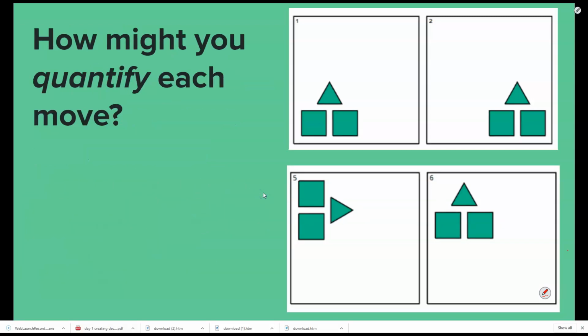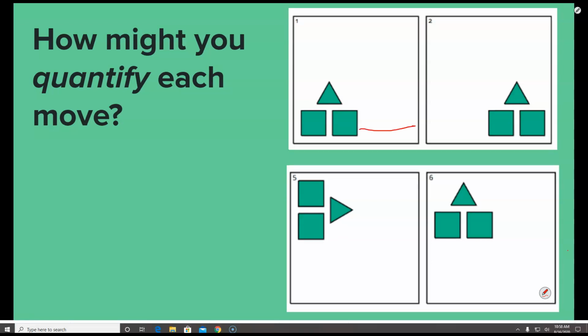Okay. You quantify each of the moves by giving direction and the amount, and if you want to quantify it, like how many blocks are you going over to the left or to the right? And how much are you spinning it? Are you going to take it a quarter of a turn? Are you taking a half turn?